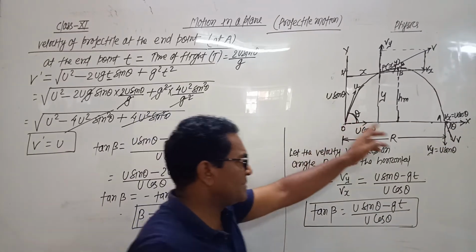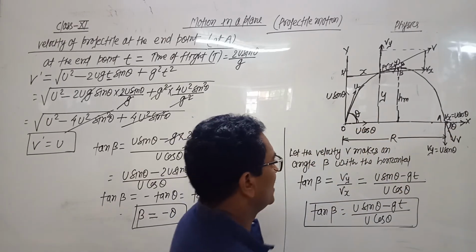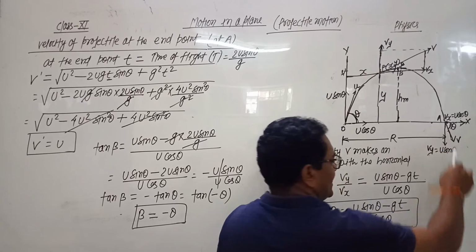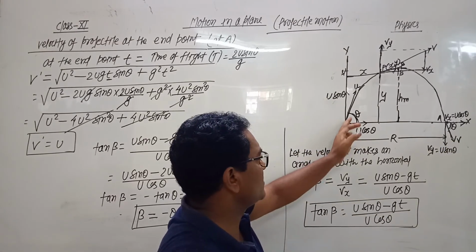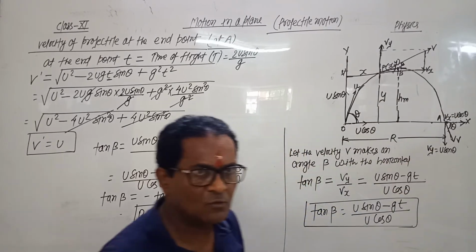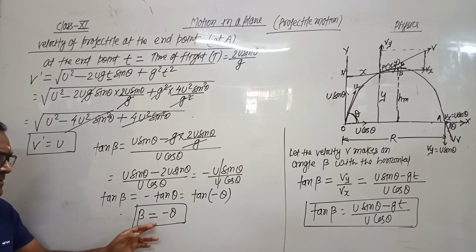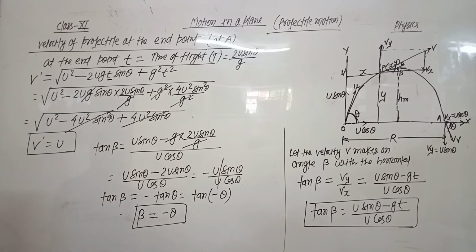The angle will remain the same, but this angle theta was positive and this angle theta will be negative, because the body was going in the upward direction and here the body is coming in the downward direction. So the magnitude of the angle will remain the same, but its direction gets changed. So at point A, the value of theta will be negative. Beta is equal to minus of theta.